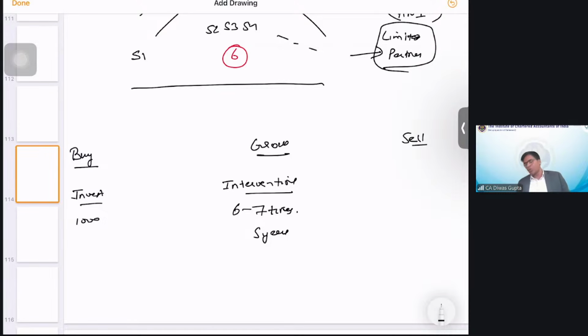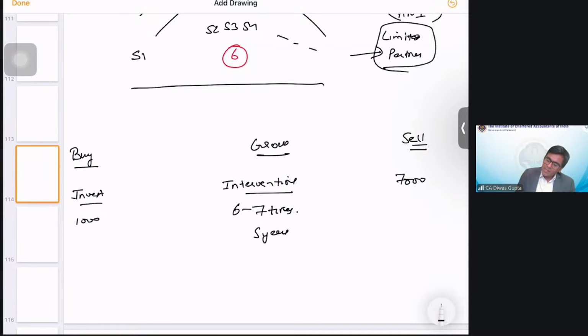They will not grow the business, let's say 10 to 20%. They have an expectation that the business should be grown through multiple leaps and bounds, which is 6 to 7 times, right? Within a very short span of time. So this will help them in growing through interventions, and then thus they will sell.